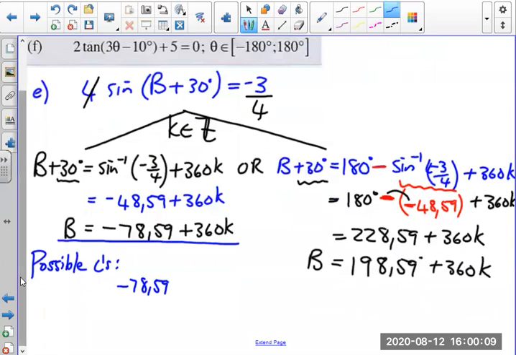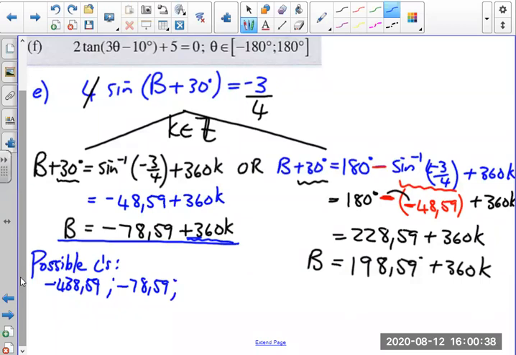If I subtract the 360, what am I going to get? If I subtract the 360, I'm going to get minus 438,59. Whatever, you can calculate that. Yeah, that's right.